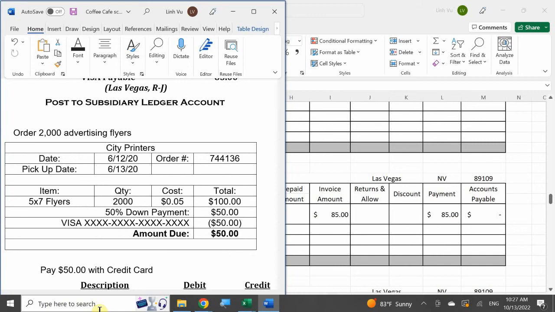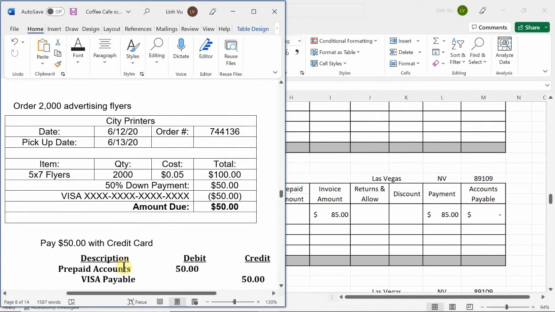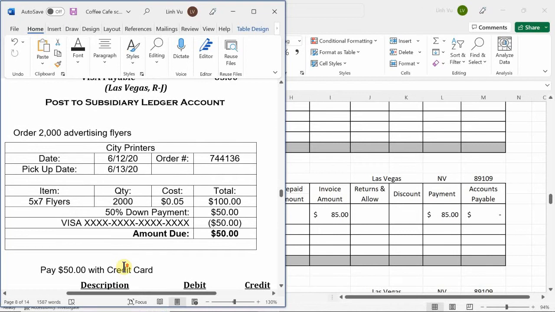So what do we need to record here? That's also going to be an advertising expense. In this case, what do we refer to down payments as? Because did we actually obtain our flyers? No, right?